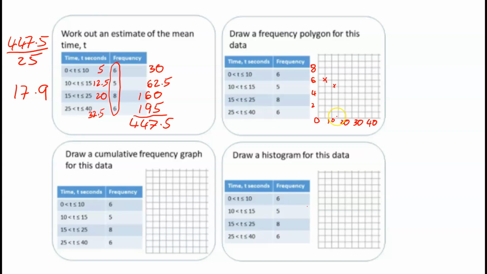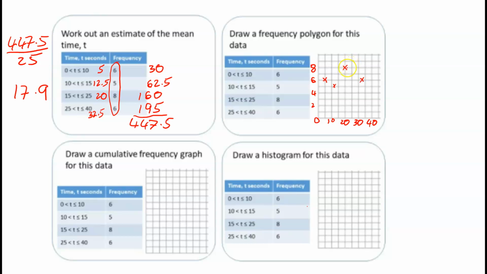Then between 15 and 25, so it's beyond 20, we need 8. And then halfway between 25 and 40, we did it there, didn't we? 32 and a half, and we go to 6.